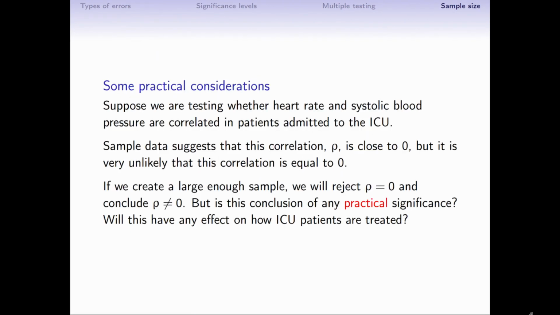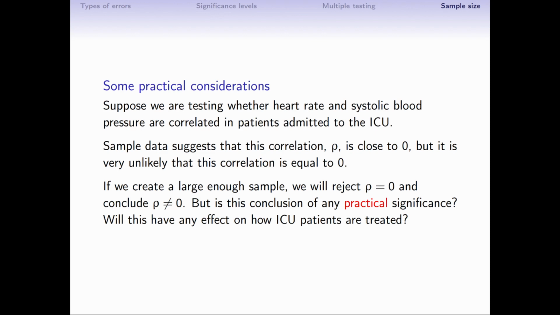I want to close this section with some practical considerations. So suppose, for example, we are testing whether heart rate and systolic blood pressure are correlated in patients admitted to the ICU. Sample data suggests that this correlation rho is close to zero, but it's very unlikely that this correlation is equal to zero.